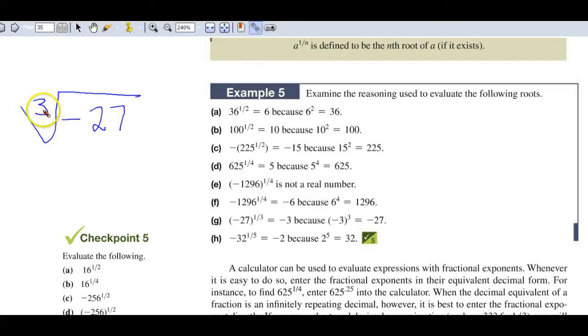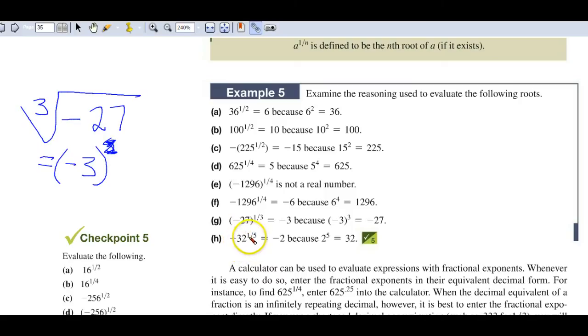Now, since it's an odd root, we are allowed to have a negative, because this answer happens to be a negative 3. If you take a negative 3 and cube it, you get a negative 27. So, negative 27, and notice this is in a parenthesis. It's including the negative.